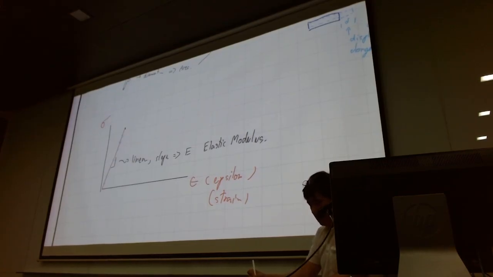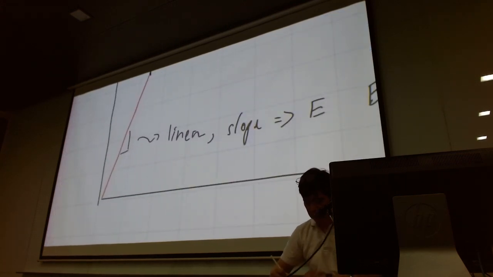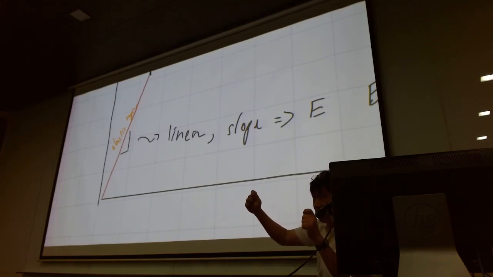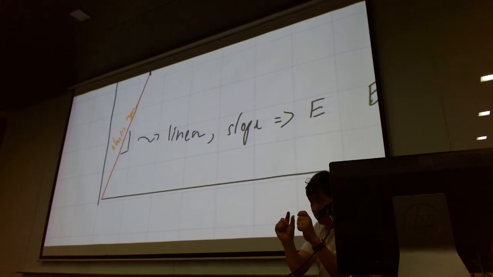So what happened here is that this is what we call elastic region. Just like a rubber band. You pull onto it, you release the rubber band, it shrinks back to the original.